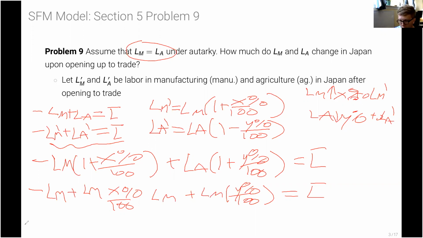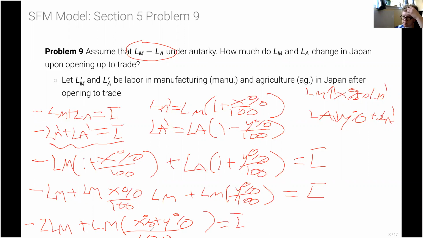Okay, what does that give me? That gives me 2LM plus, and here I'm just going to pull the LM out of both these terms. That'll give me X% plus Y% over 100 needs to be equal to L bar. But if I have that LM plus LA initially equal to L bar, then that tells me that knowing that LM is equal to LA, 2LM is equal to L bar.